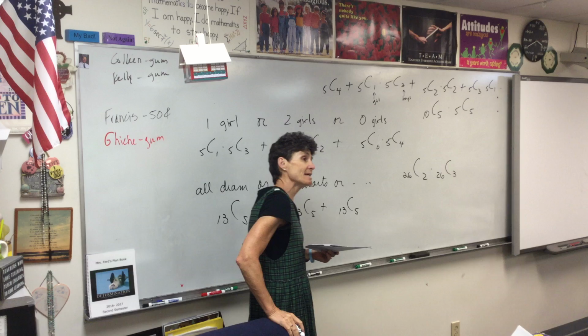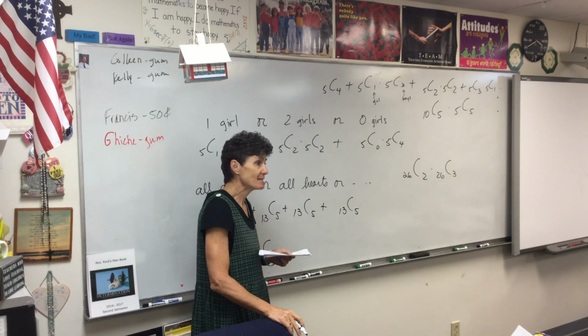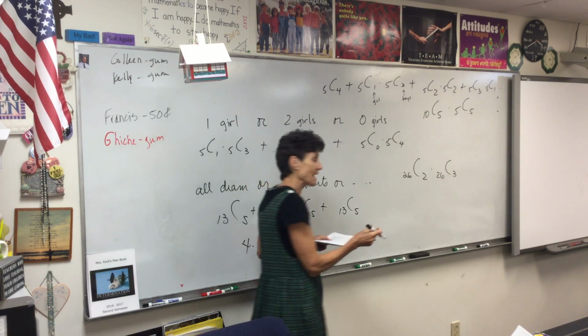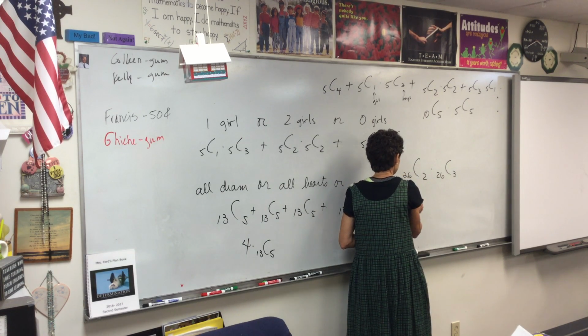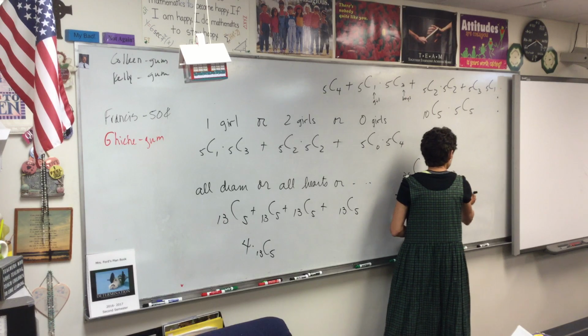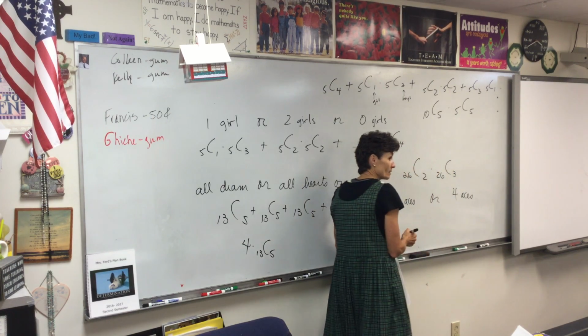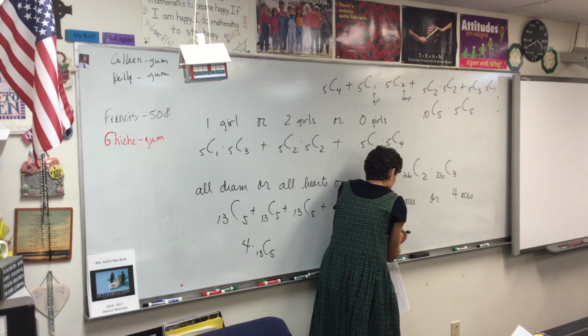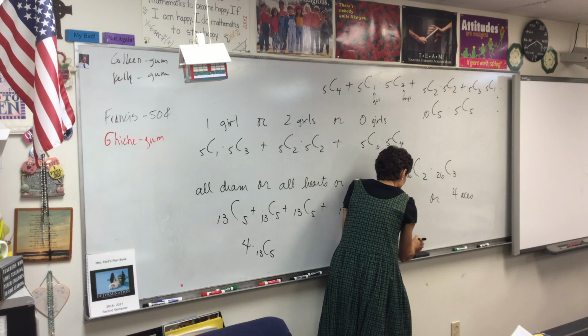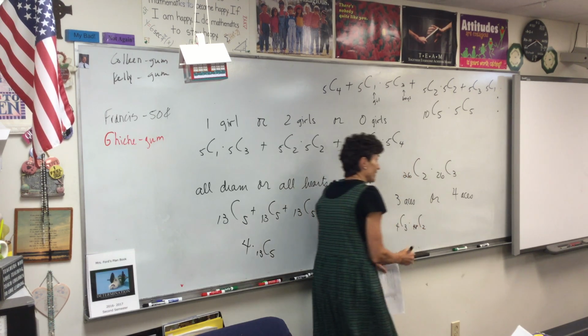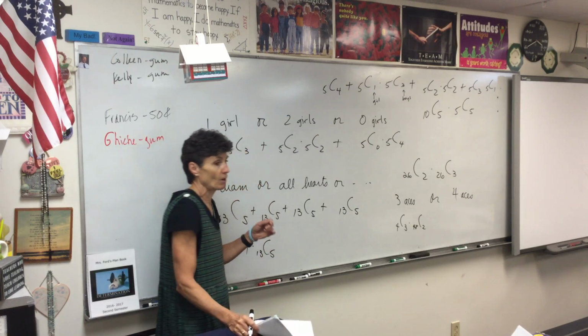At least 3 aces. What does that mean? That means 3 aces or 4 aces. So what about 3? 4C3 times 48C2. Perfect. Where did the 48 come from?